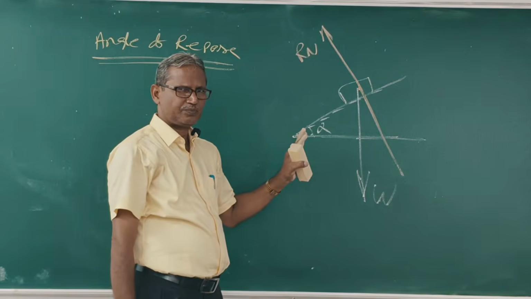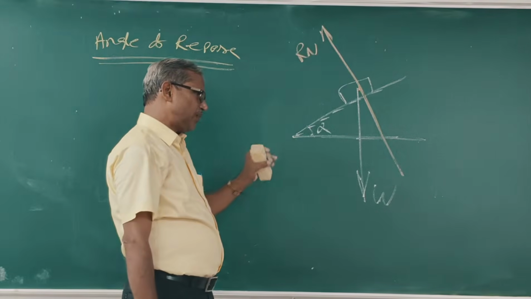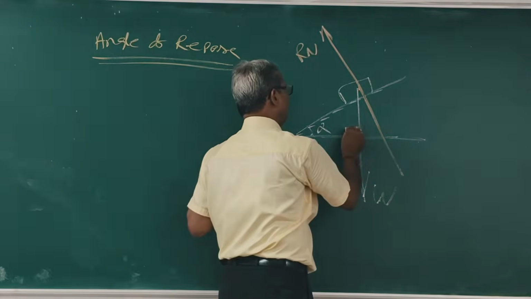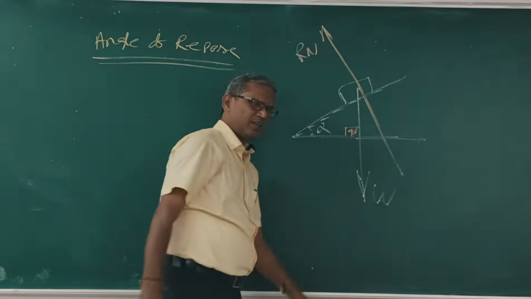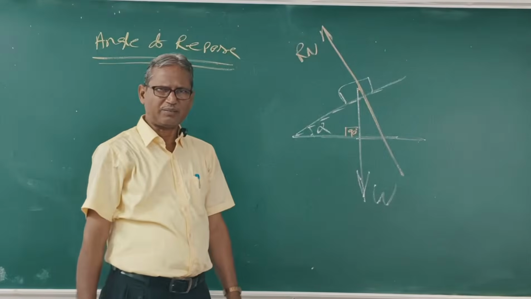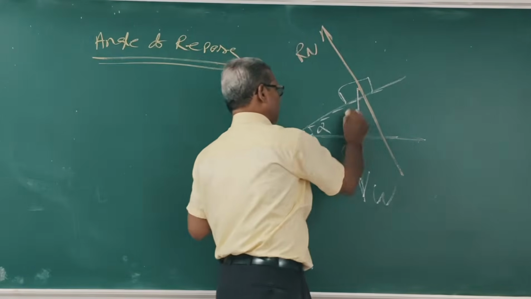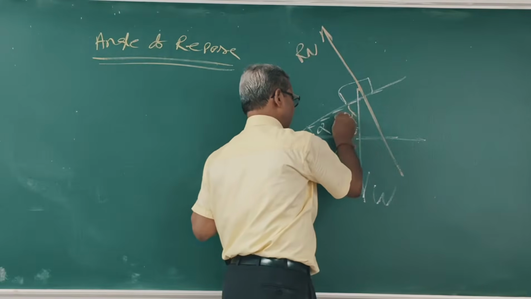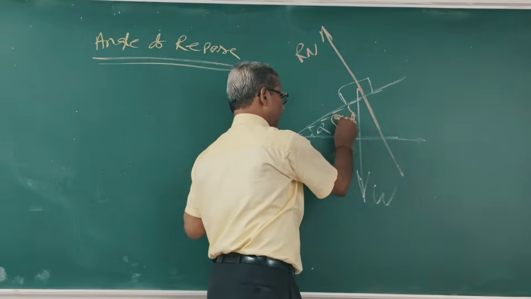Tell me, what is this angle? 90 degree. What is this angle? 90 degree. This angle is 90 minus alpha. Clear? Visual or not?